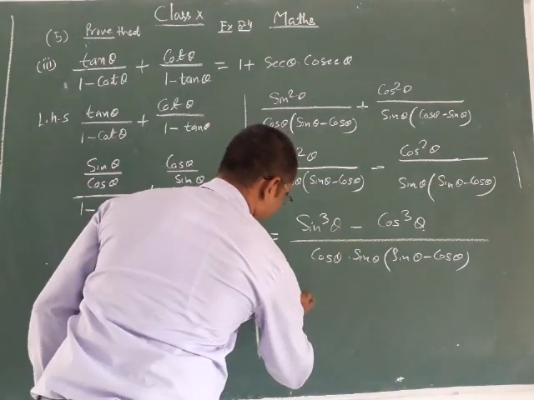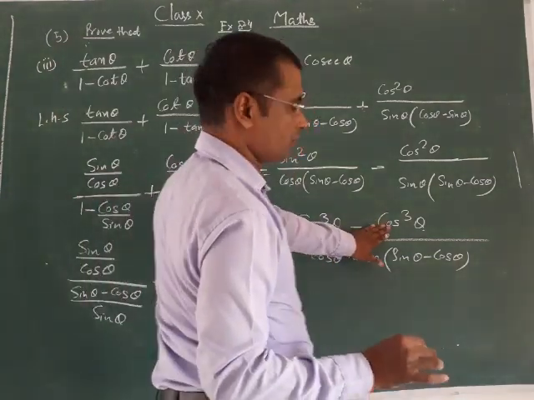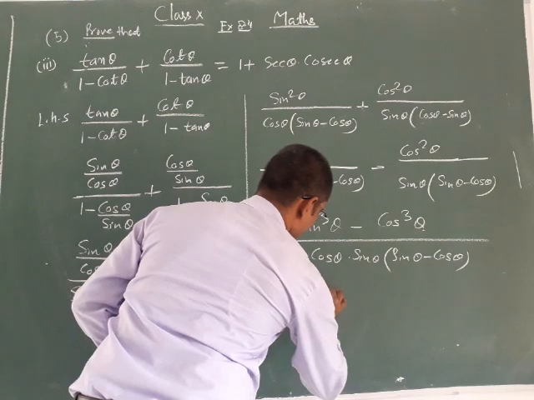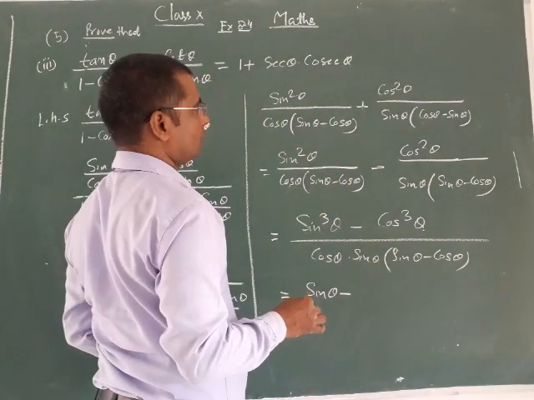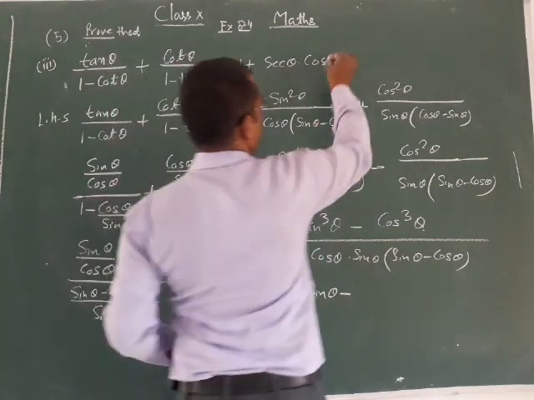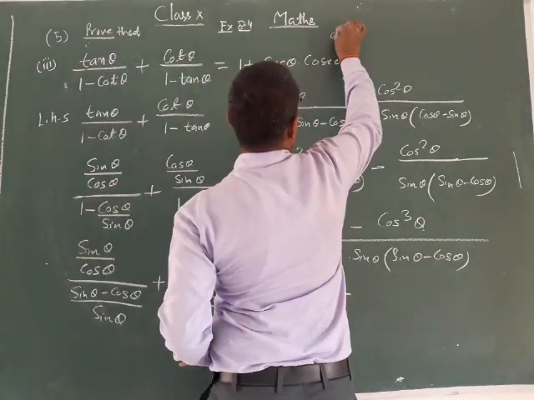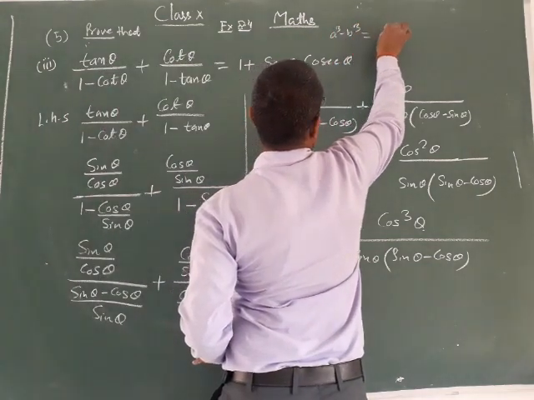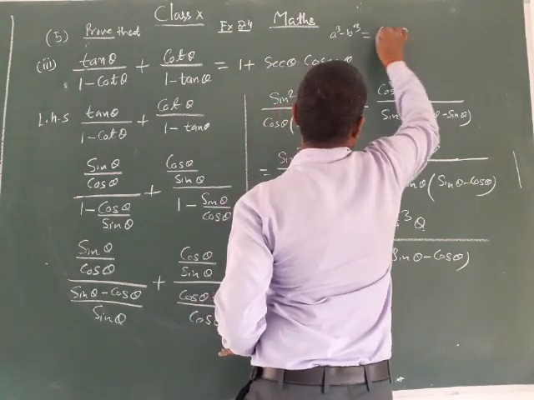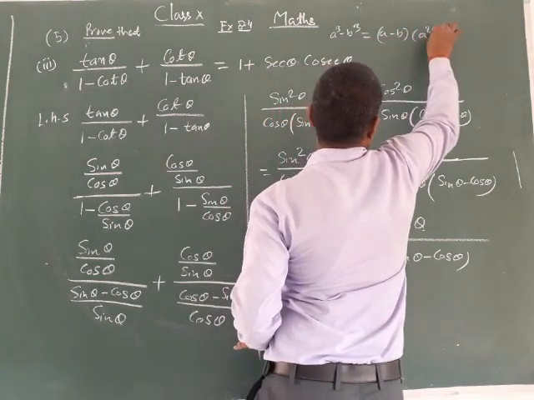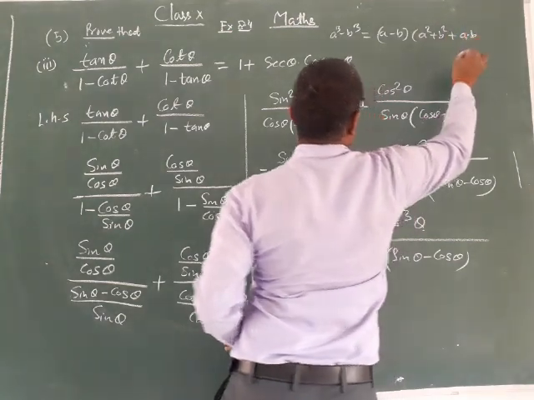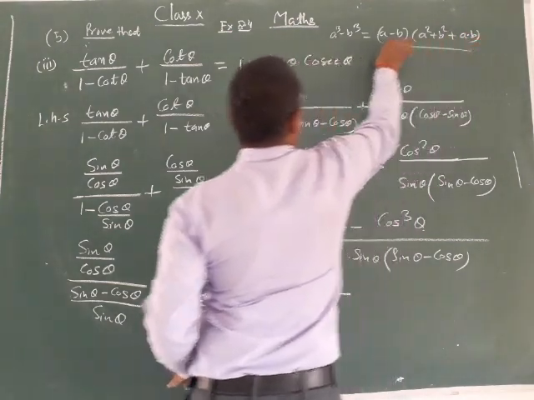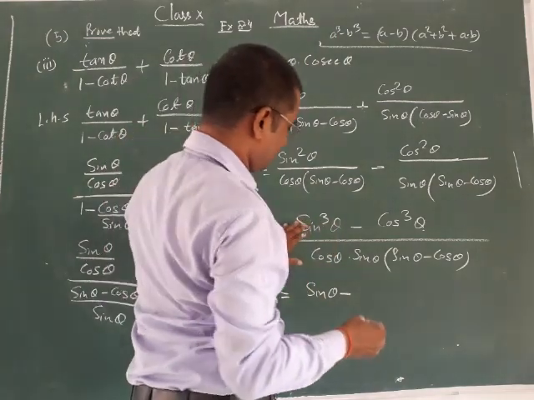Also you can write a cube minus b cube, which is equal to (a minus b) into (a square plus b square plus a into b). So use this formula in this place.